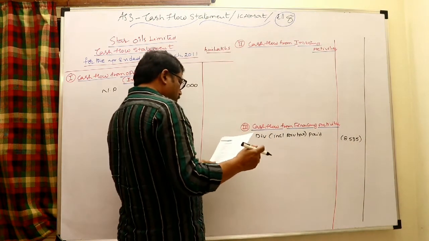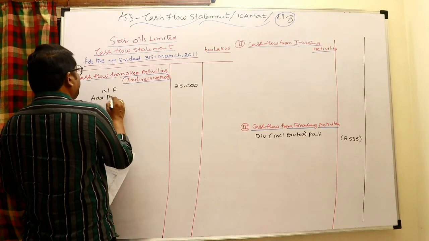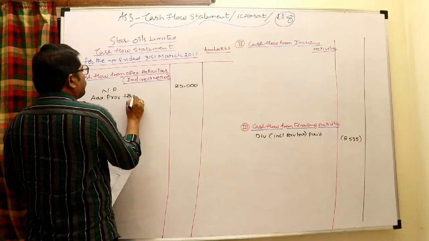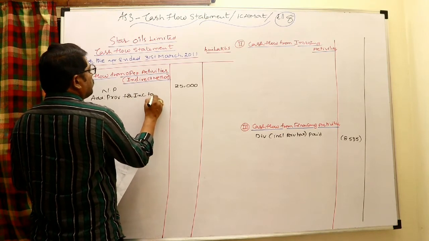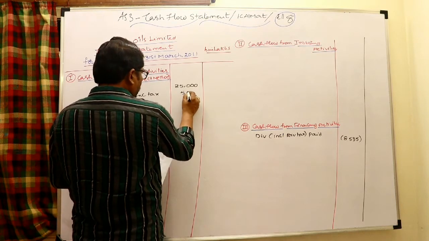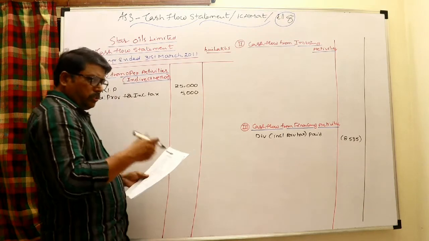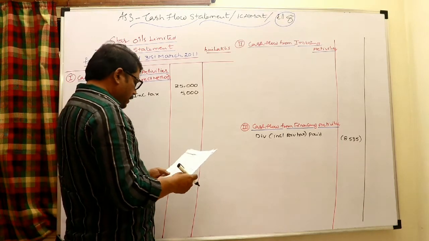Provision for income tax should be added back, non-cash item, 5,000. Tax paid we can reduce, no doubt. Income tax paid 4,248 should be deducted here, we can deduct later.